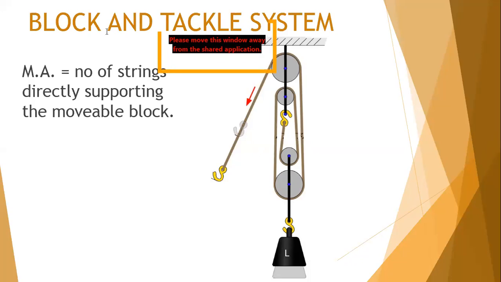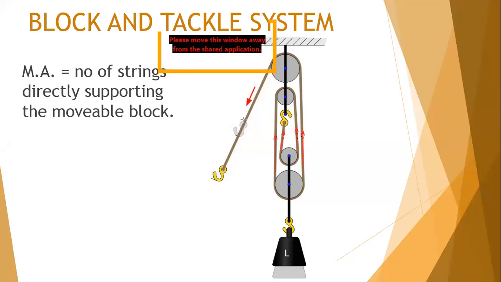If you look at this one, this is one string which is supporting the movable block. Then this string is also supporting it, so this is another string. This string is also supporting, so this is the third string. And this is the fourth string which is supporting the movable block.